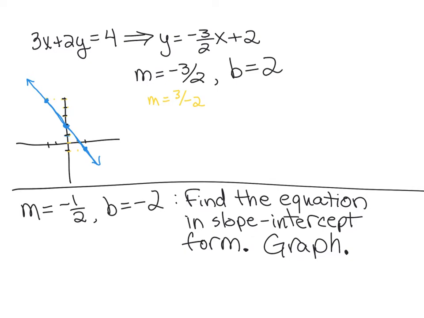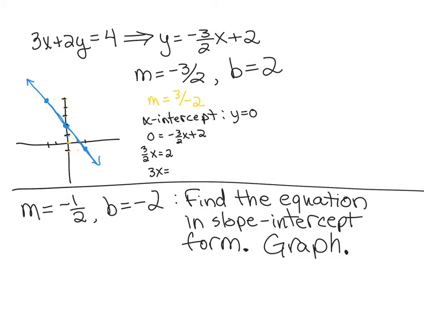But just for good measure, let's find the x-intercept. Y equals 0 gives me 0 equals minus 3/2 x plus 2. Move the 3/2 x to the left. Multiply both sides by 2. You can do this in one step by multiplying by 2 over 3.